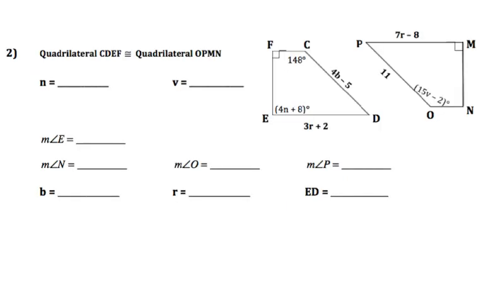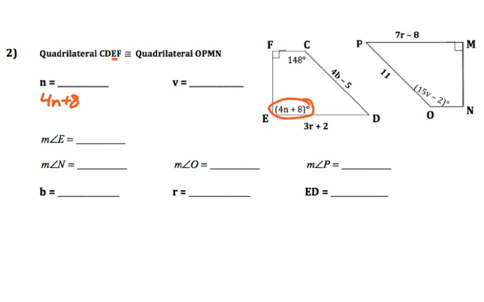Okay, number 2, quadrilateral CDEF is congruent to quadrilateral OPMN. So we want to figure out what N is equal to. So to set this up, I notice that N is right here where angle E is, and that's 4N plus 8. And I know that it's congruent to something in the other quadrilateral.